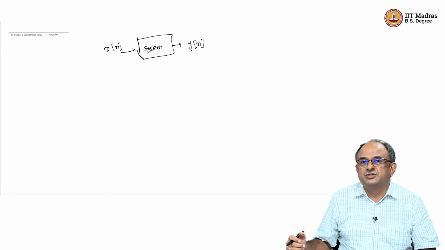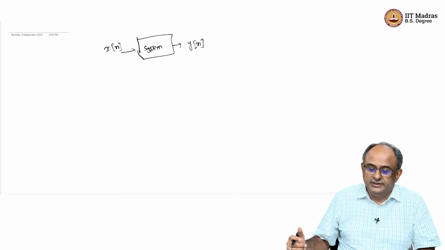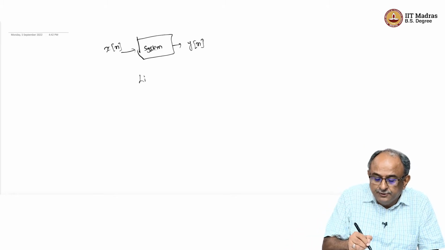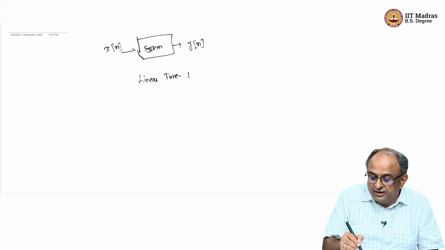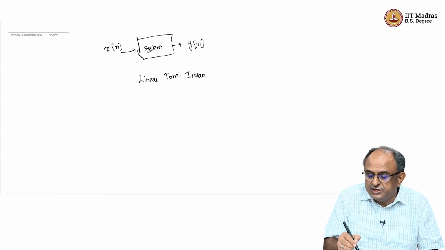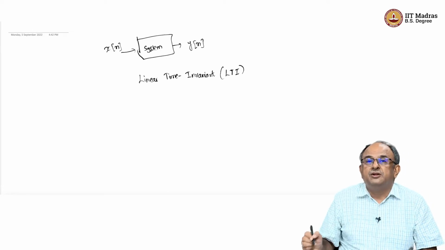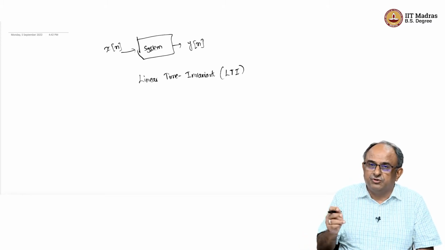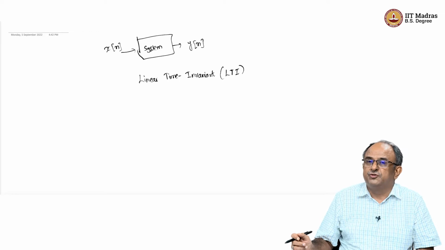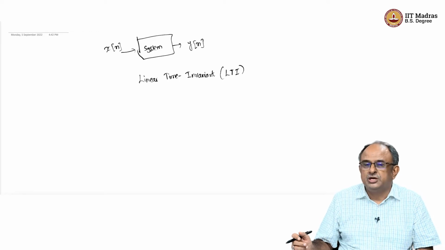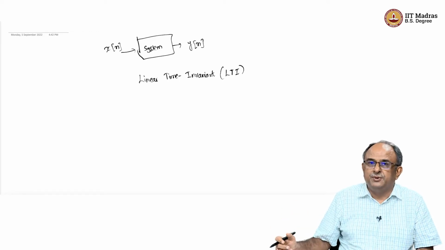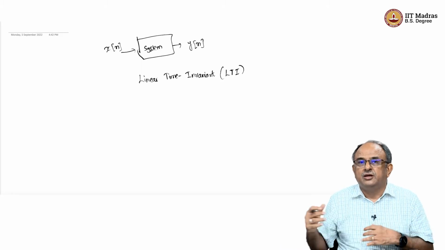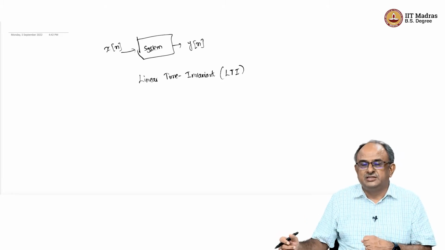There is a class of systems that are very important, which are called linear and time invariant, right. We have talked about it, so I am revising it, but if you go back to your lectures, you will see that I have talked about such systems. They satisfy some properties called linearity, that is, if I add 2 signals, the output should be the addition of the respective outputs, and time invariance means if I delay the signal, the output also should be delayed by the same amount, right.